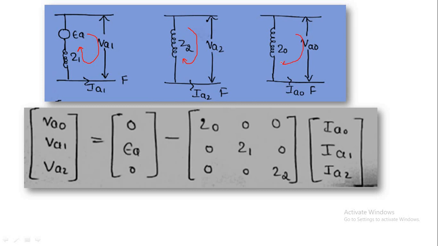Similarly, the zero sequence voltage VA0 is given by minus IA0 into Z0. This expression we already discussed: the generator generates only positive sequence voltages.